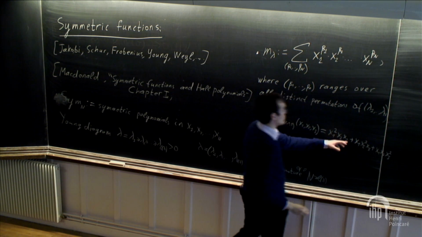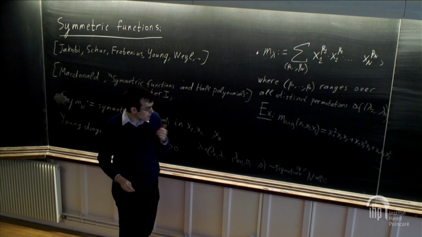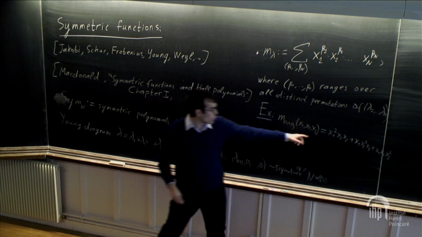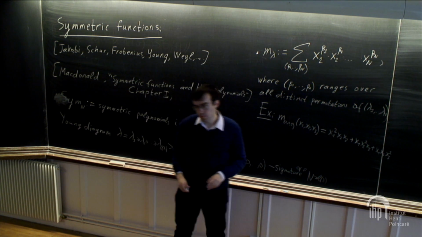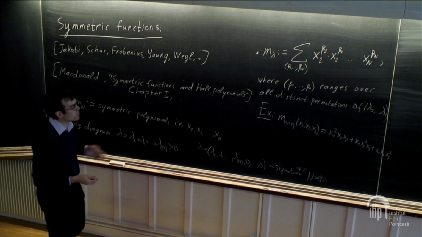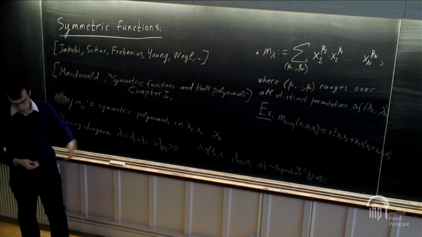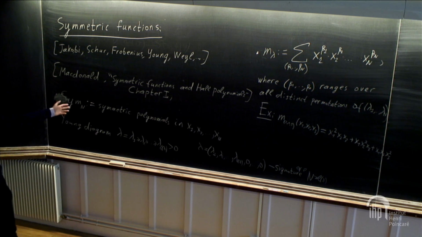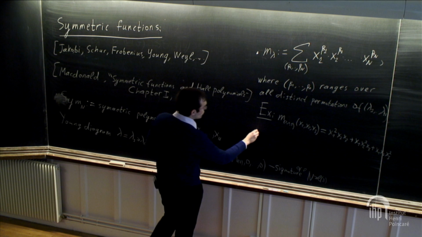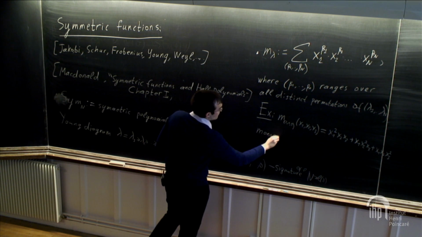And of course, yes, we can write it as a product times the sum. But the point is that we sum only over distinct permutations, so I do not have coefficients 2 here. This is just a definition. This is the most natural example of a symmetric polynomial. It's clear that these functions generate all symmetric polynomials if we are allowed to sum them. So these are called monomial symmetric polynomials.